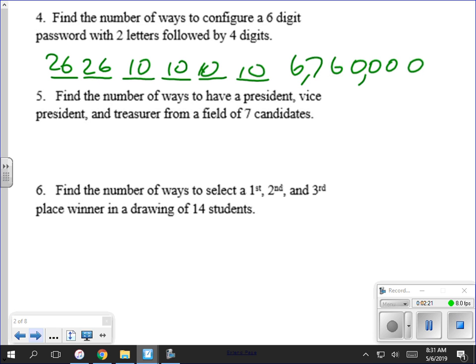Okay. Find the number of ways to have a president, vice president, and treasurer for a field of 7. So the question you need to ask yourself: does order matter or not? Yeah, these are all different positions. Order matters.